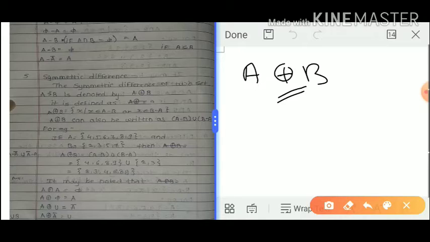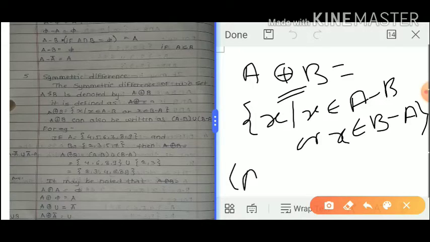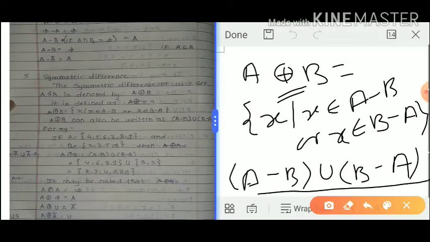The main syntax for finding the symmetric difference between two sets is: A symmetric difference B equals, in braces, the elements x such that, where the vertical line is read as such that, x belongs to A minus B, or x belongs to B minus A. That means we can write A symmetric difference B as A minus B union B minus A. This union of A minus B and B minus A is the symmetric difference.